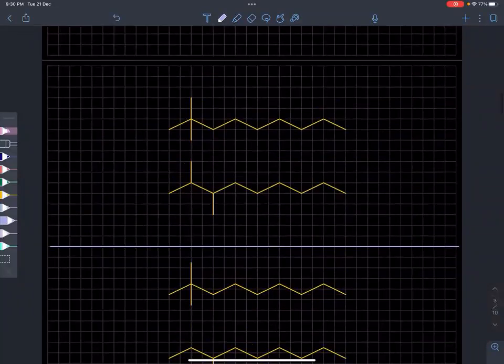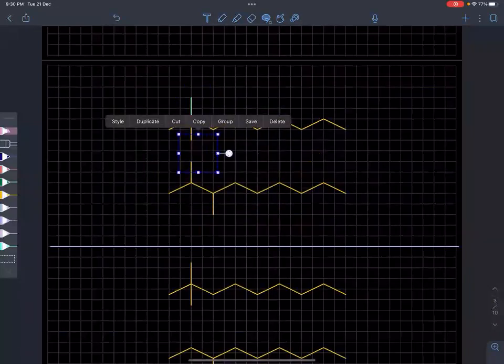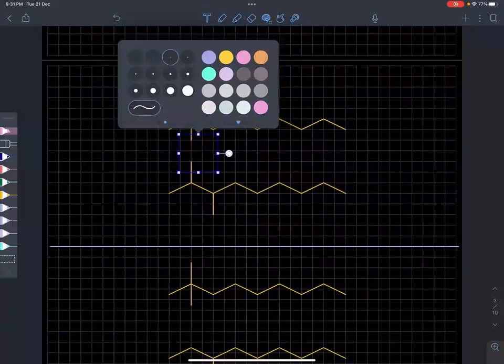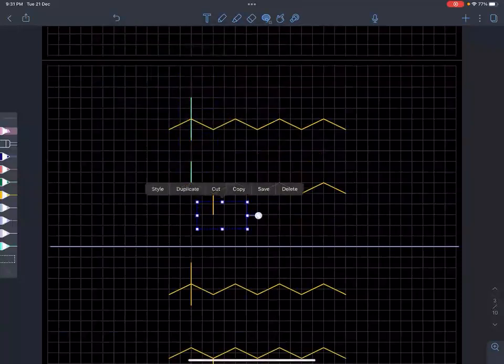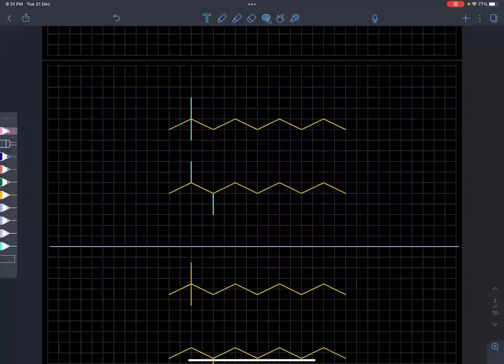What about these two? I'll separate the substituents. This is a substituent. These two are substituents. I'm putting them in a different color just for understanding. And the parent chain is the yellow colored chain.